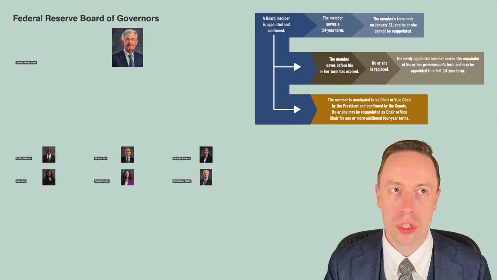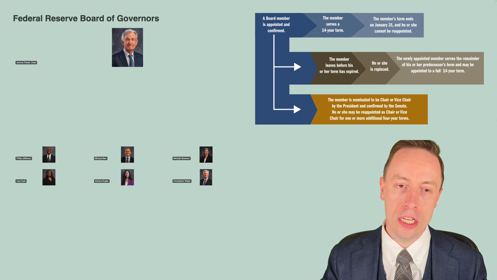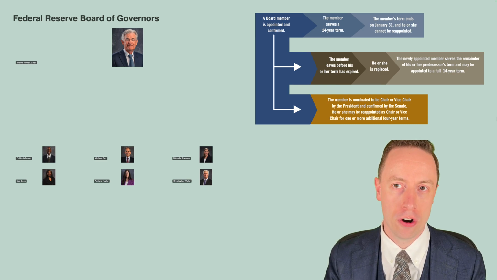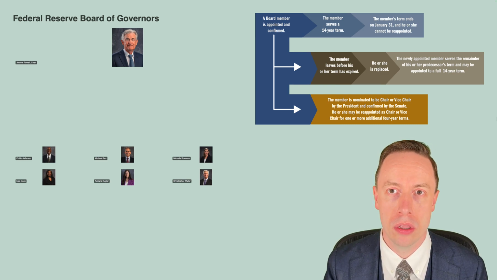However, when it comes to this Board of Governors, each of the governors has one vote, so he's really more a first among equals, but certainly with a lot of power by virtue of, for example, talking to the public.